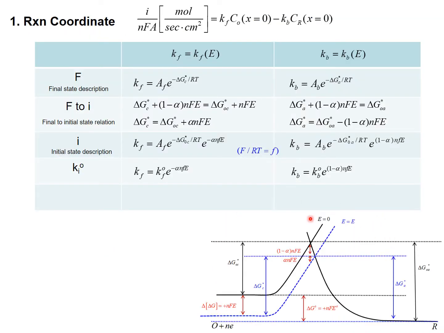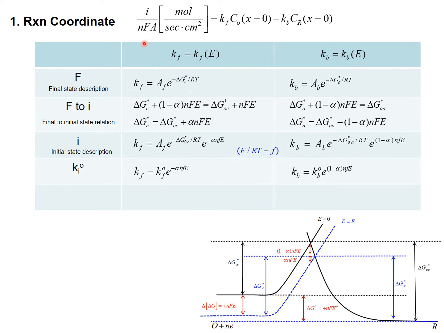Here is the reaction coordinate diagram for the oxidation reduction processes we have just drawn in the previous slide. Based on these shapes and parameters in these reaction coordinate diagrams, I'd like to derive the equation.